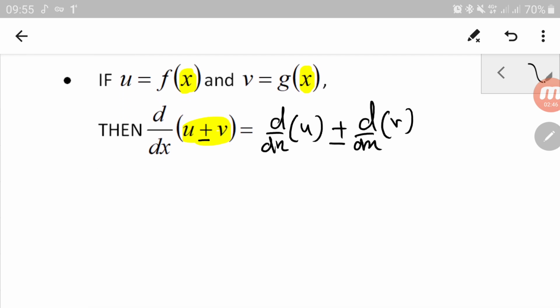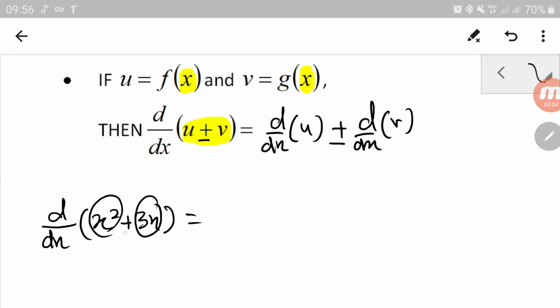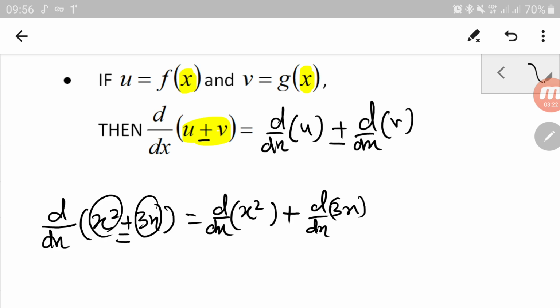Okay, so for example, if we are going to differentiate x squared plus 3x, so this one is one function, this one another, and then we have addition between them, so we can differentiate x squared in terms of x, and then differentiate 3x in terms of x, then we add them.